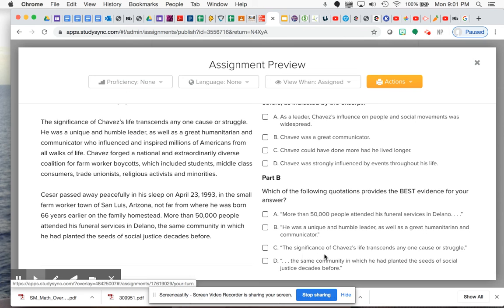C, the significance of Chavez's life transcends any one cause or struggle. Or D, the same community in which he had planted the seeds of social justice decades before. Really, you're looking for which of these, again, shows the range of his influence. Again, it's not just one thing that he was fighting for, there were many different issues that he really was working towards.